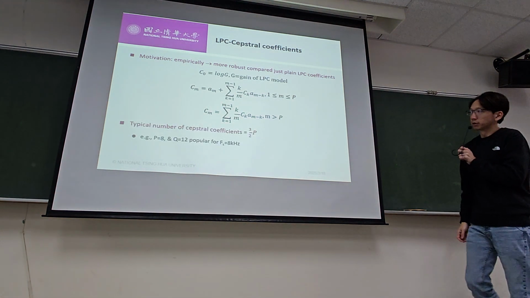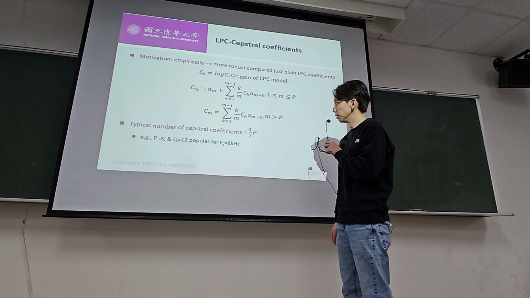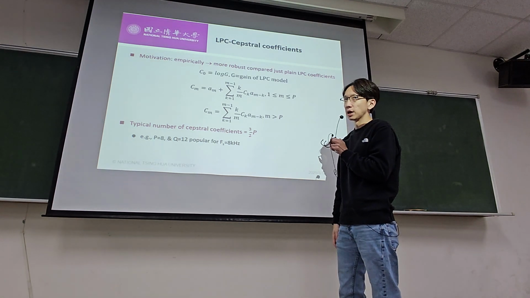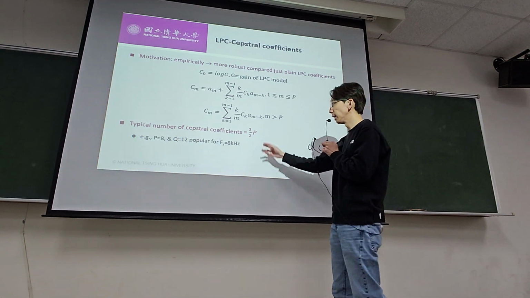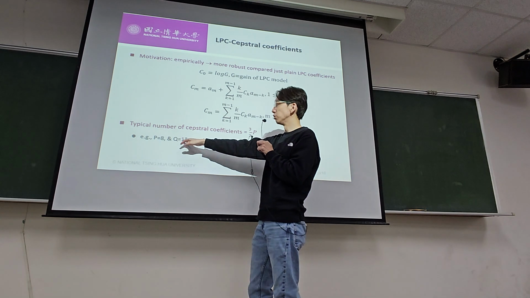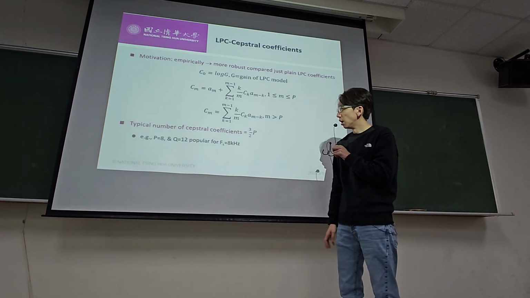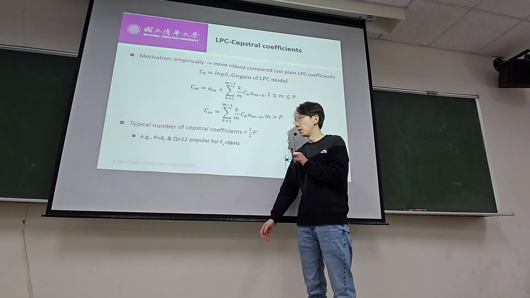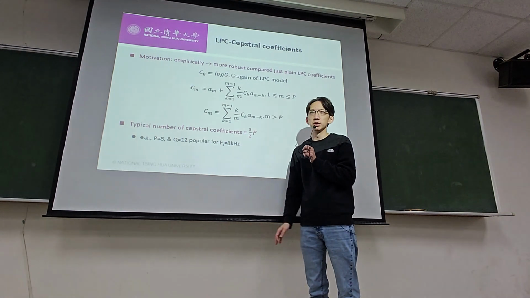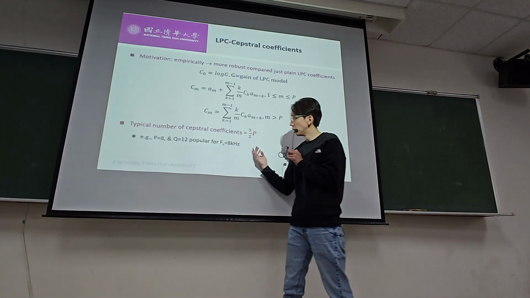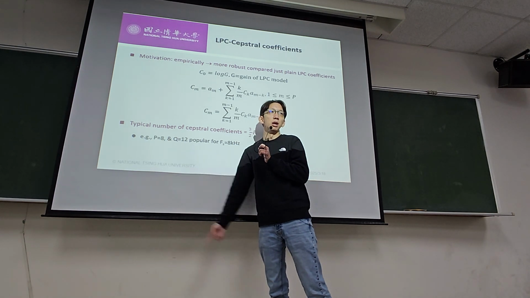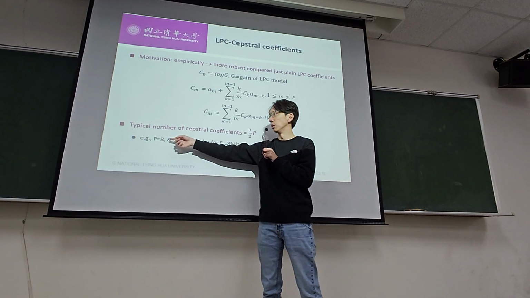The typical number of cepstral coefficients you want to use is usually about 1.5 times the order p. If you have 8, then your Q should give you about 12 coefficients. These numbers are quite popular for a sampling frequency of 8 kilohertz. If you have more, you might multiply that by an integer. So for 16K, you might want to double that.